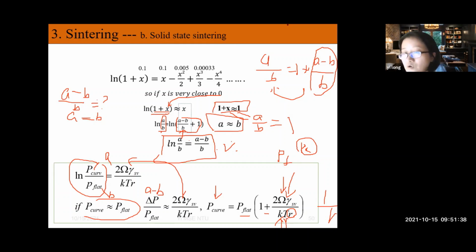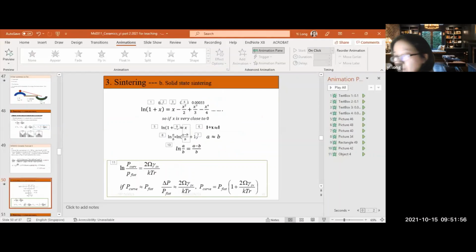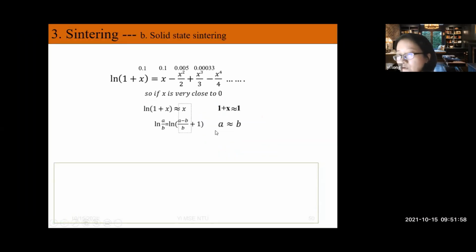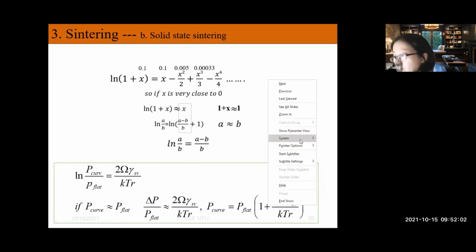Yes, norm 1 plus x. No, wrong. Norm 1 plus x is not equal to norm 1 plus norm x. It's here, okay? So if you have problem to follow, I know there's something maybe you have problem to follow, but I will explain again in the tutorials.